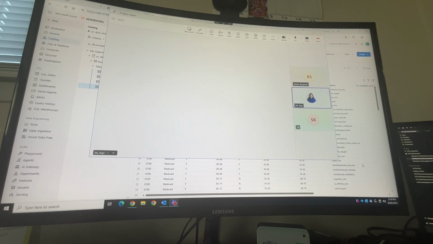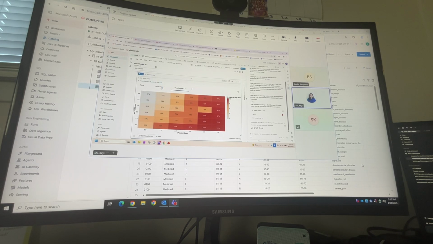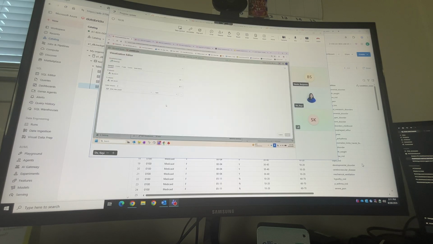I was doing something else, but this is one of the heat maps I was talking about, and this is also in Databricks. For one column I have inpatient count, inpatient admission. For another column I have ED counts, and it's showing the total member counts. And then you have colors for different schema.